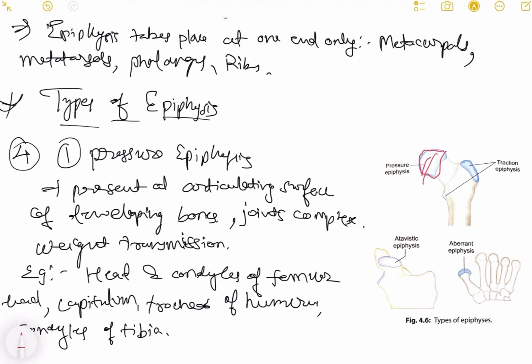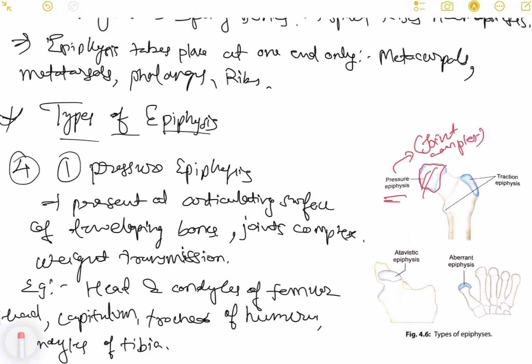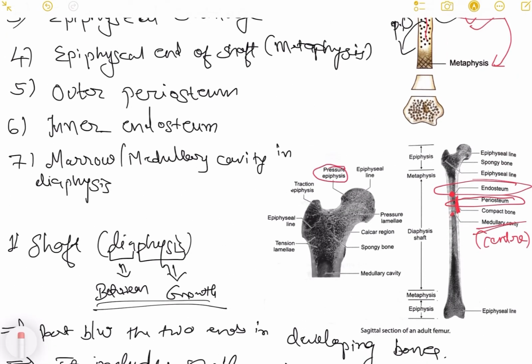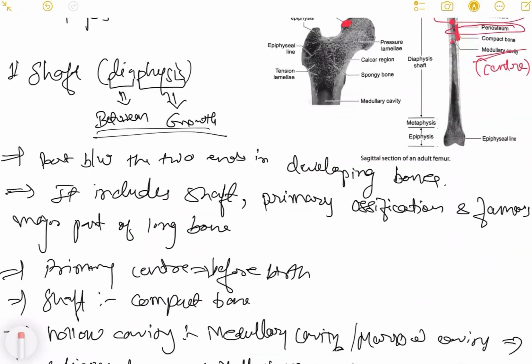Can you see this? Pressure epiphysis itself says that it needs pressure, which works under pressure. Joint complex, you can easily remember the bones which form joints. There pressure epiphysis is there, and even in this figure we can see it here. See, pressure epiphysis, this one. Getting?